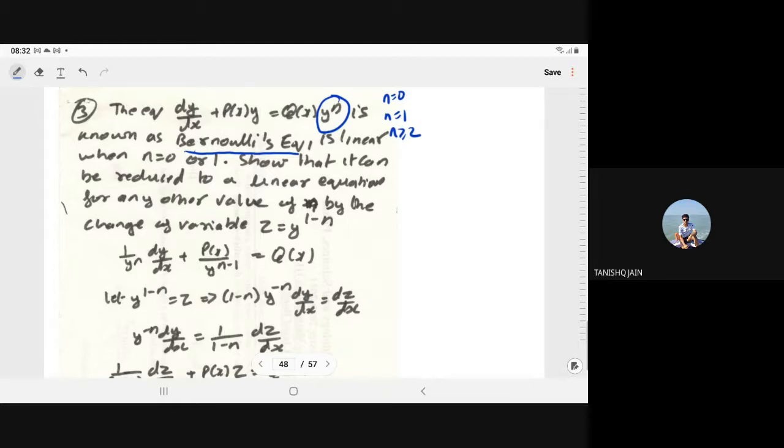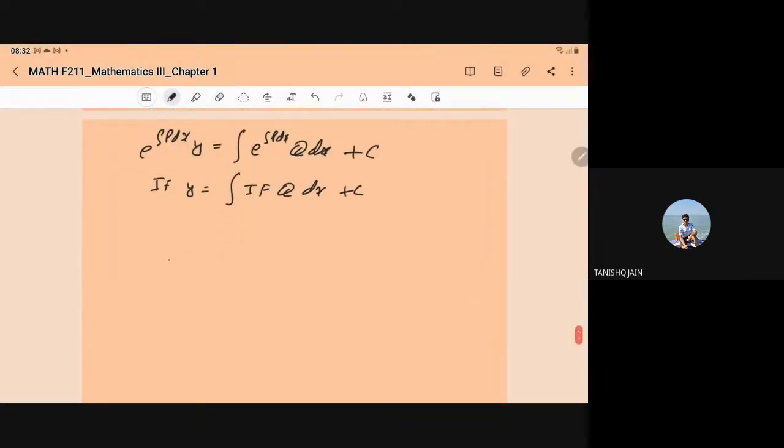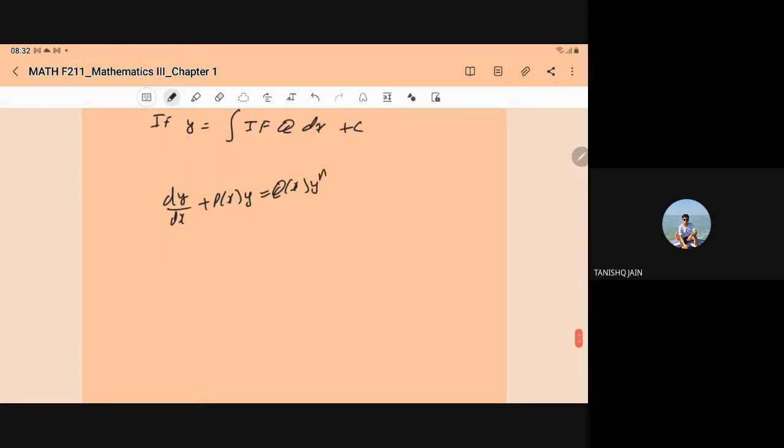So here we change the dependent variable by the substitution z is equal to y to power 1 minus n. So the thing is, if we have dy by dx plus p(x) y is equal to q(x) y to power n, when n is equal to 0, it becomes dy by dx plus p(x) y is equal to q(x), your linear equation.